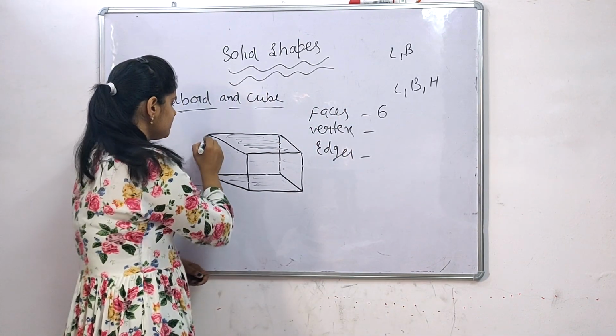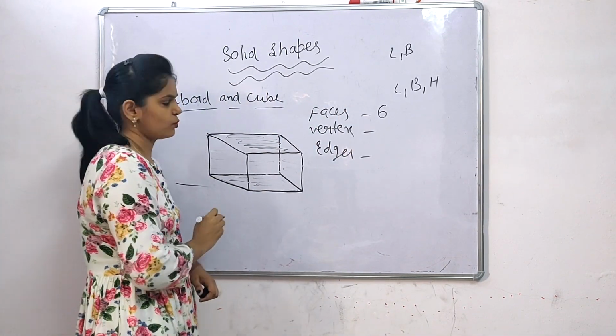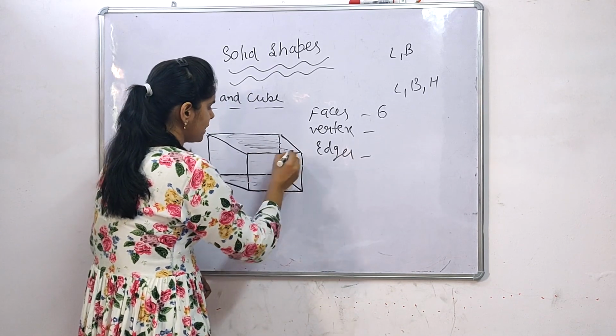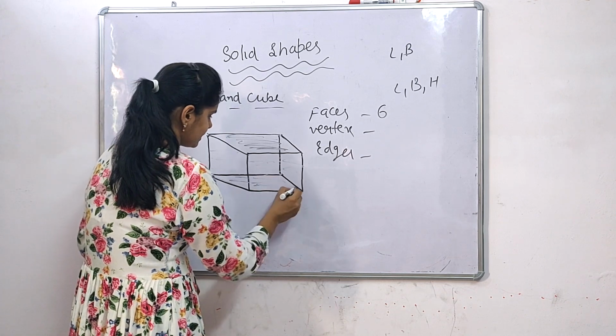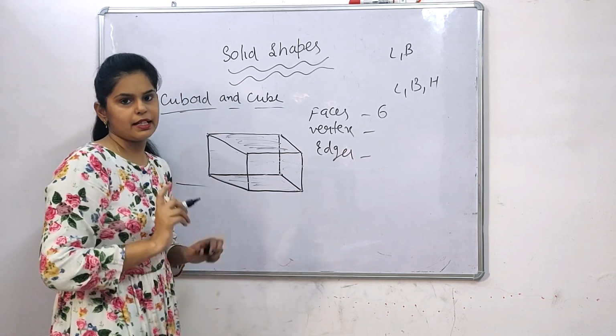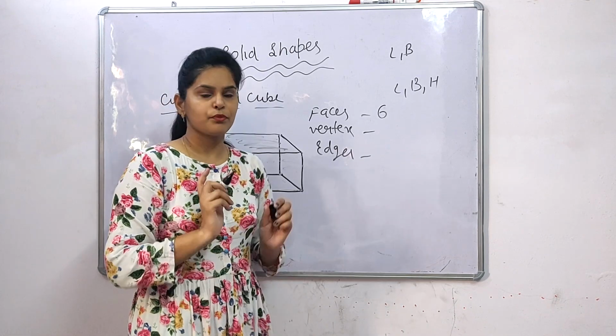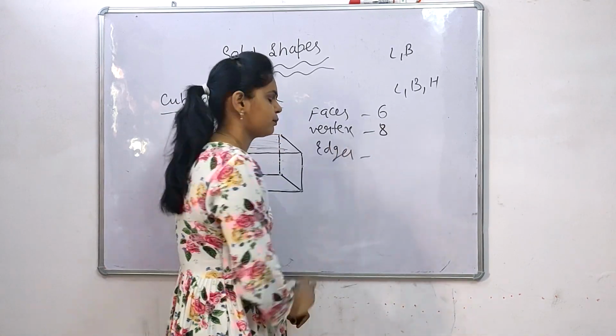And vertex means these corner points: 1, 2, 3 and 4, 5, 6, 7 and 8. So how many vertex are there? 8. Write here 8.